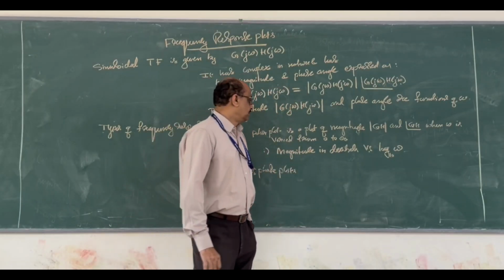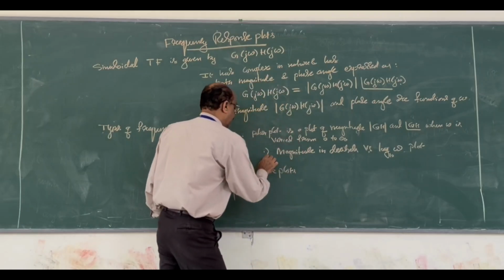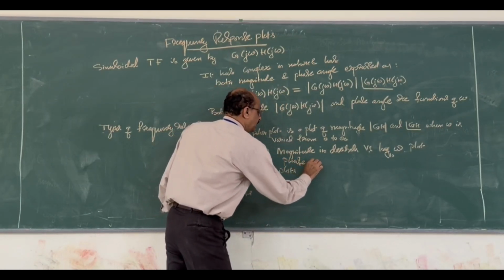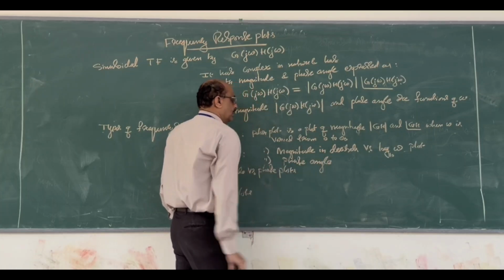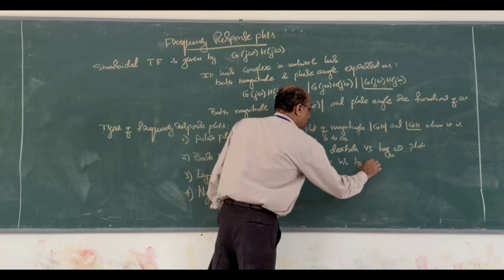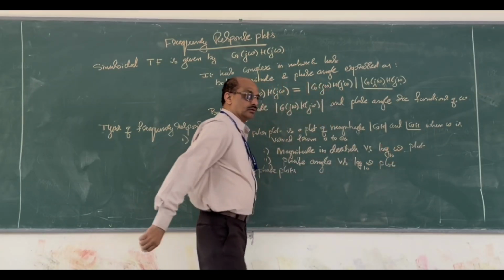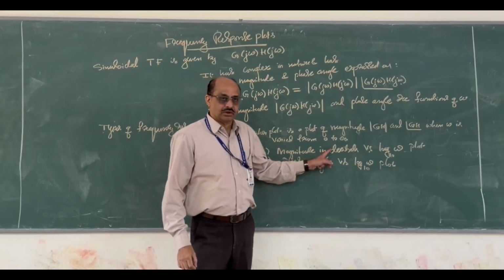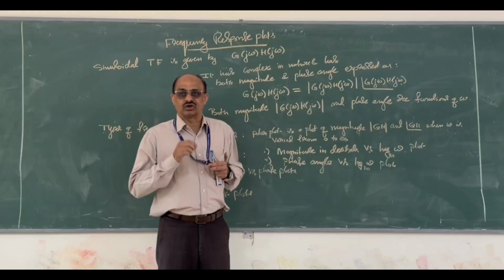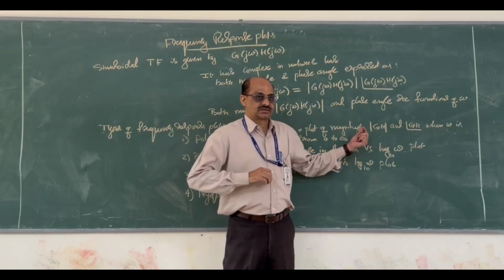And the second is phase angle versus log omega plot. Magnitude in decibels or magnitude in dB, same thing is called a log magnitude. So log magnitude against log omega.